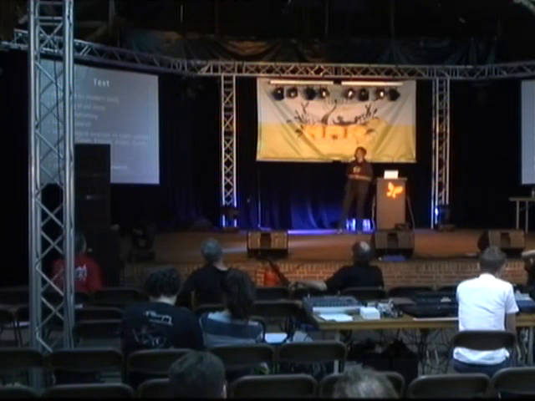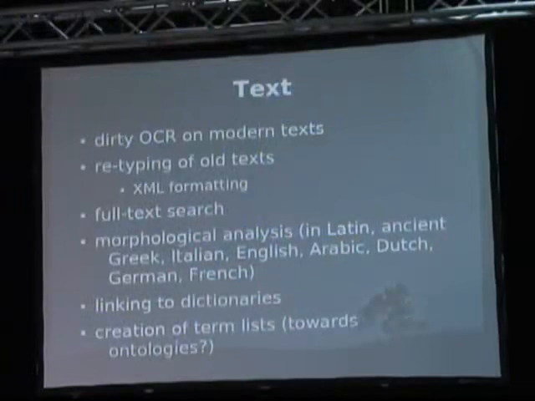At least I could briefly mention, if somebody else is interested in text processing, we also do lots of stuff with text. So we do some OCR, so we're trying to use the Octopus and Tesseract stuff that Google has put out on modern printed texts.